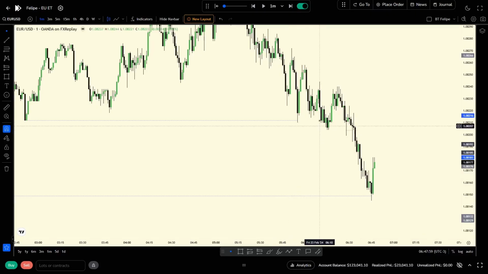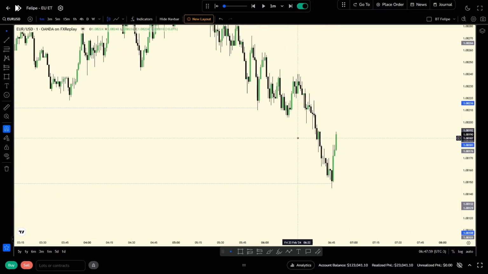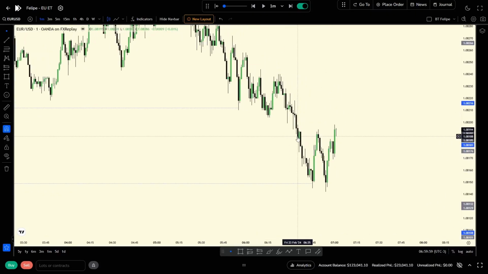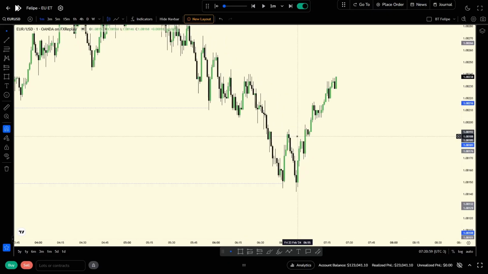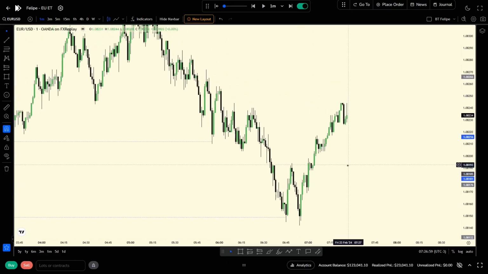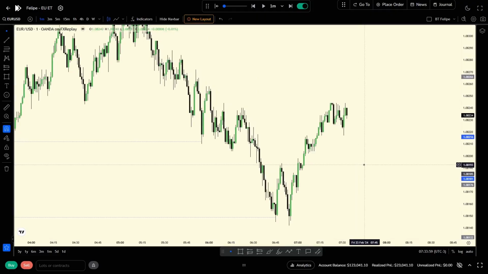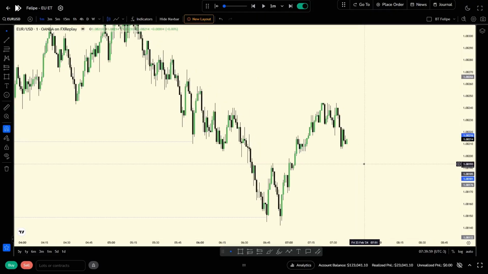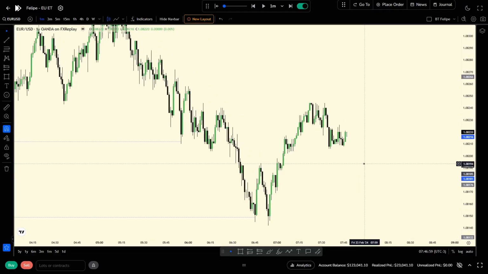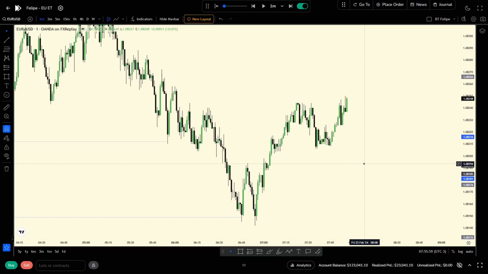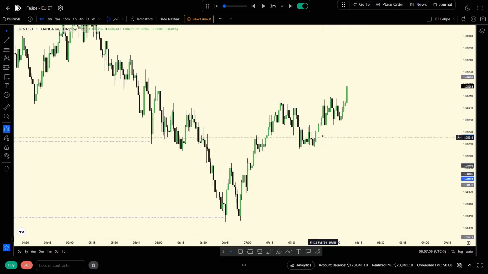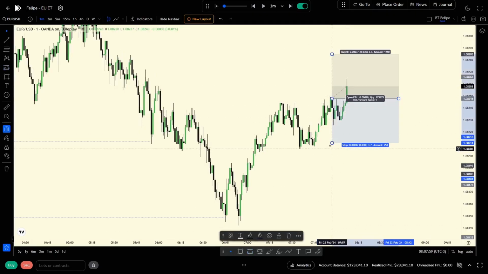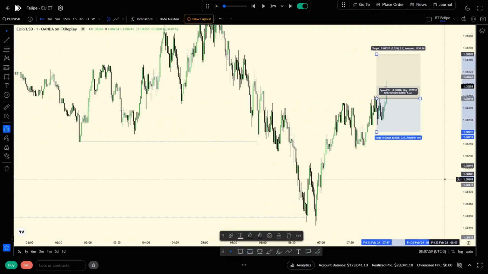After taking this liquidity, doesn't look that great. This one I'll try.